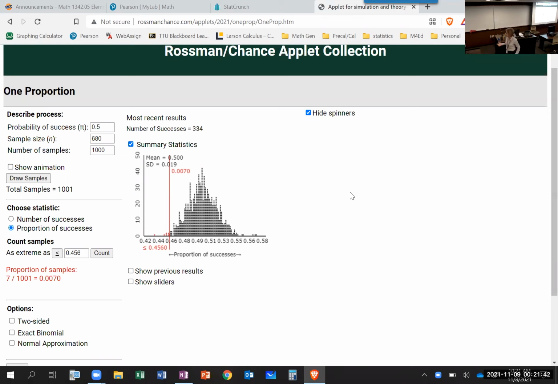So in my 1,001 samplings, I only got it 7 times. I can only repeat this experiment 7 out of 1,001 times. How about y'all? 11 out of 1,000? 6 out of 1,000, 14 out of 1,000, 9, 11, okay, 10, all right.